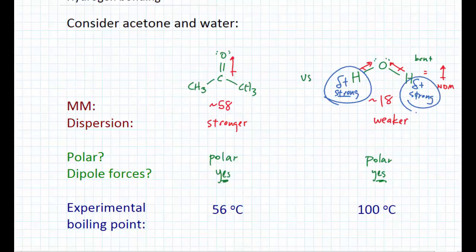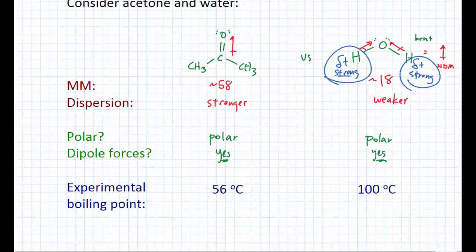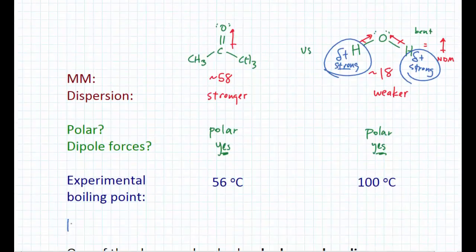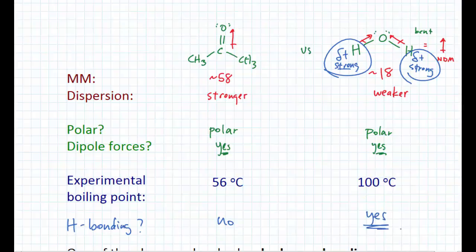Okay. The little row we can add here, hydrogen bonding, no, hydrogen bonding, yes. All of these H's are attached to C, so nothing too special about that. But if we have an H attached to O, that's going to make this extra strong as a partial plus. Okay?